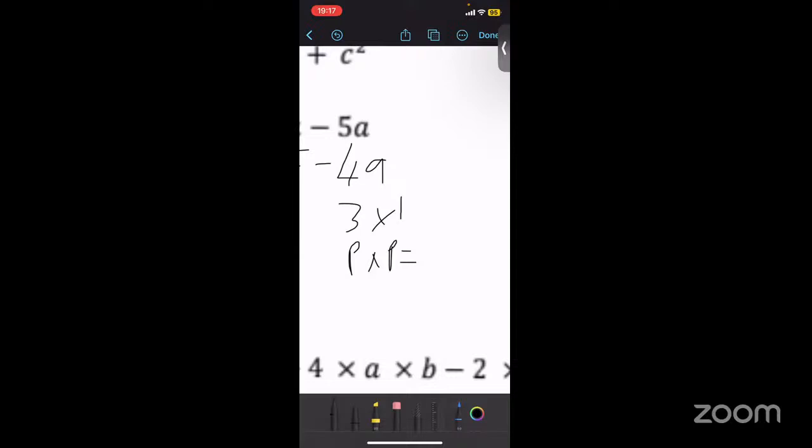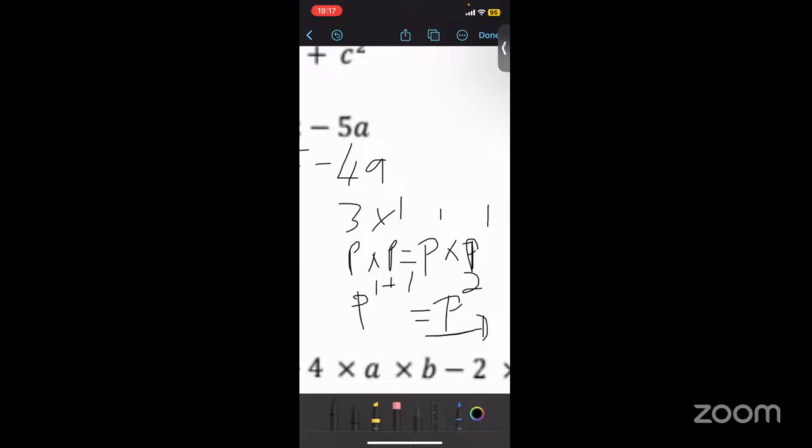And remember, if we just have a letter, that means there is an invisible exponent one, okay? So this is more like p to the power of 1 multiplied by p to the power of 1. And when we multiply the same base, we add the exponent, this is what I meant. So it's p to the power of 1 plus 1, which is equal to p to the power of 2, or p squared.